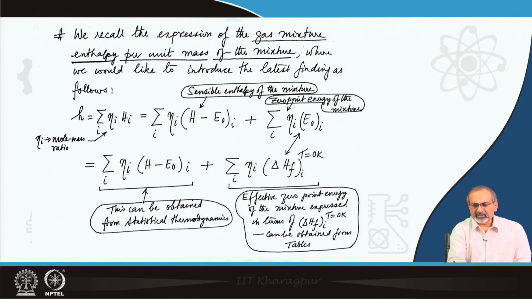We recall the expression for the gas mixture enthalpy per unit mass of the mixture, where we would like to introduce the latest finding. How would you like to introduce it?